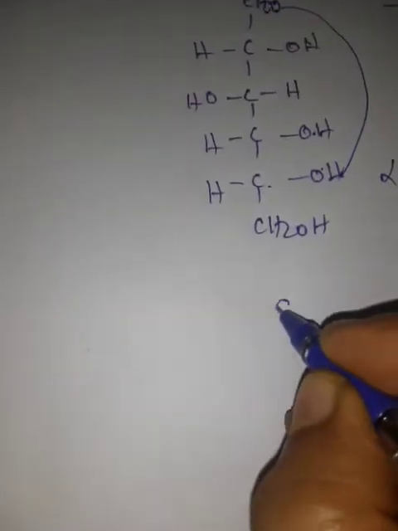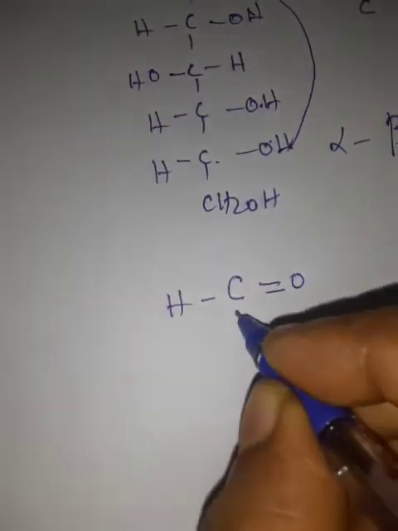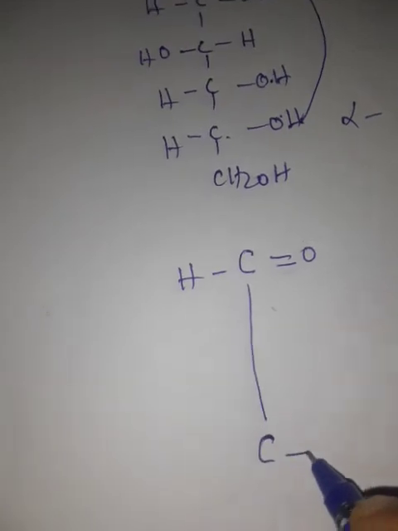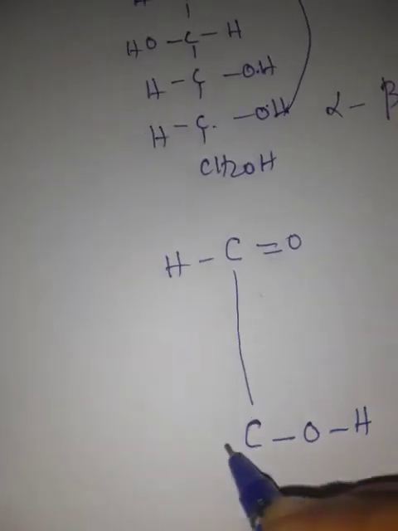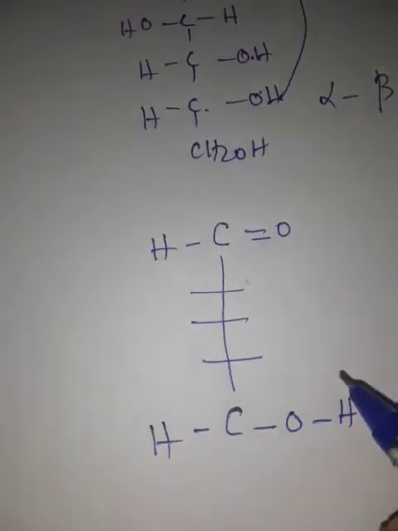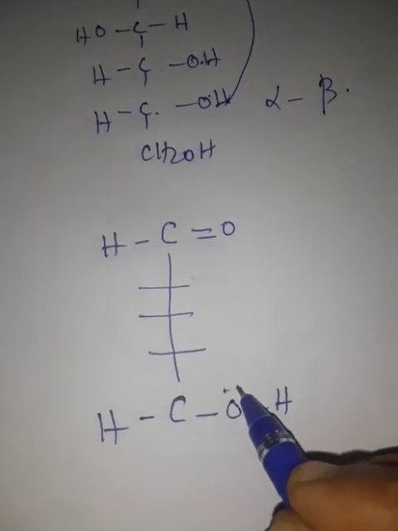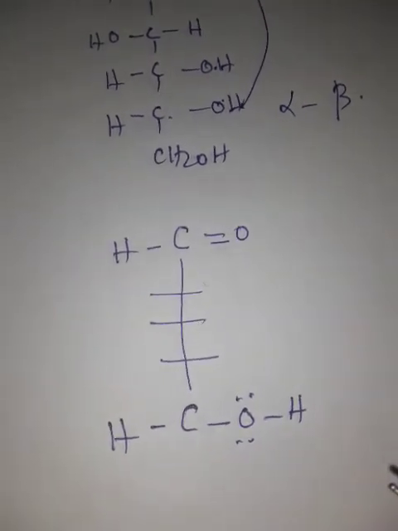See, this is the aldehyde group, C double bond O, then this is the 5th carbon, with 3 carbons in between. Now why is there a linkage here? There are 2 lone pairs on the oxygen atom.